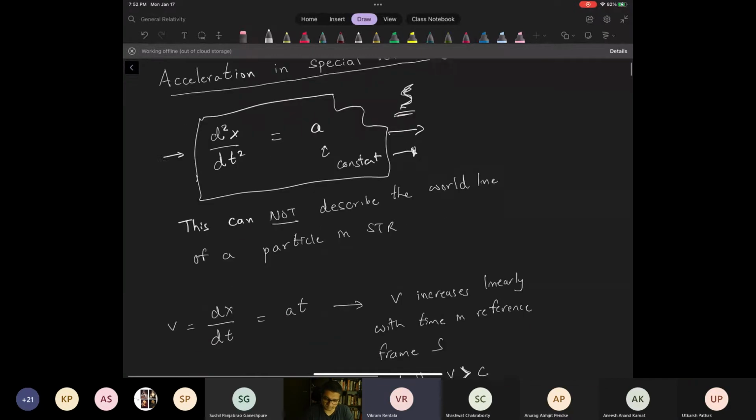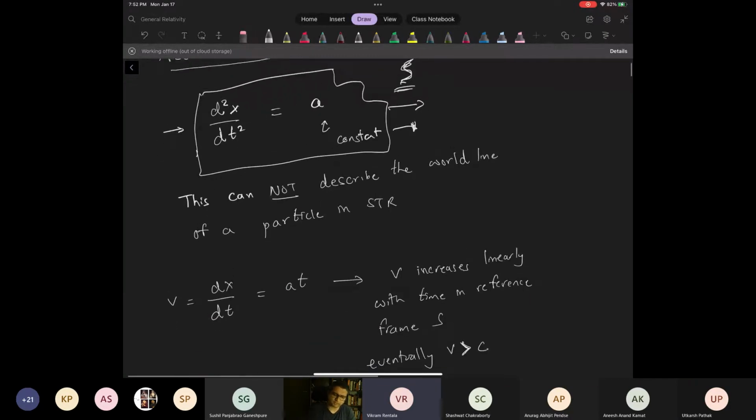Let's see why. This cannot describe the world line of a particle in special relativity. That is, at all times, this cannot be the right equation that describes the motion of the particle. Why is that? Well, v is equal to dx/dt, and if I integrate this, I get speed equal to at plus a constant. But let's ignore that constant. So v is equal to at.